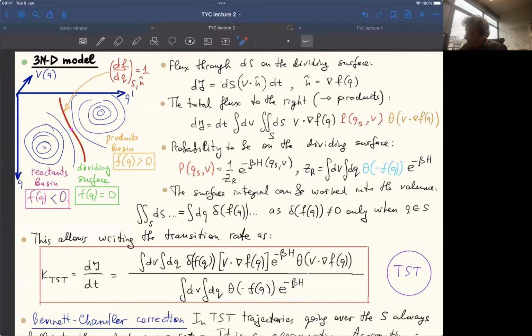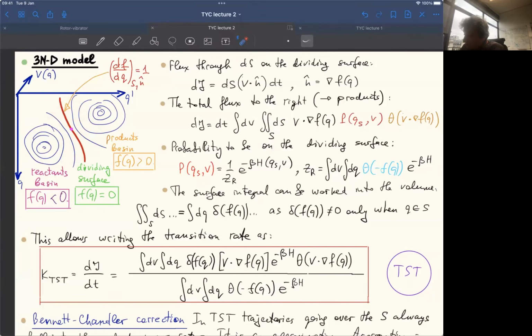So the total flux per time delta t, due to the whole dividing surface, is of course obtained by integration. First of all, we're integrating over all the dividing surface, so we allow transitions through all points of the dividing surface.